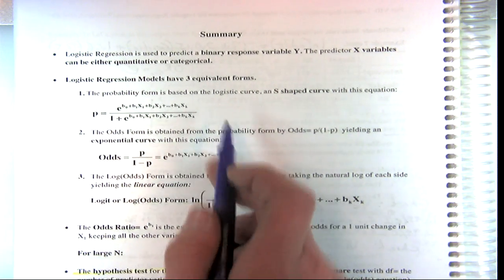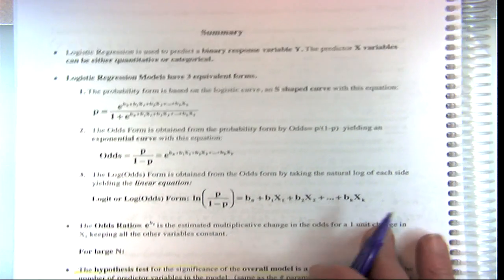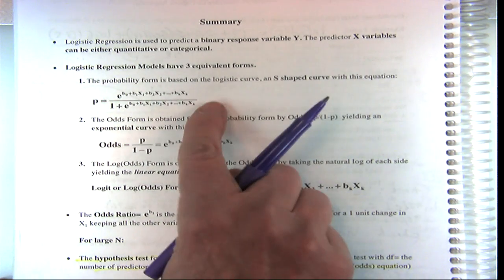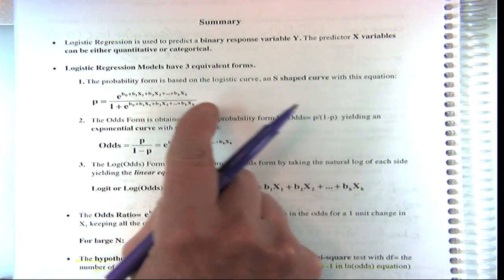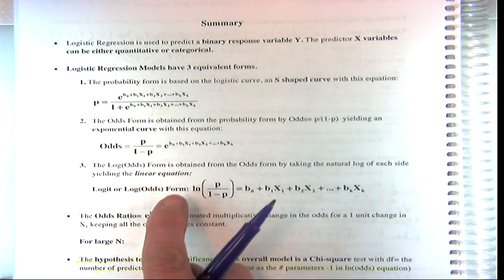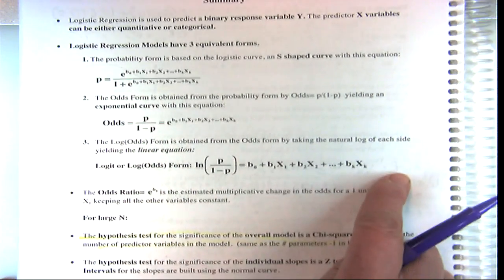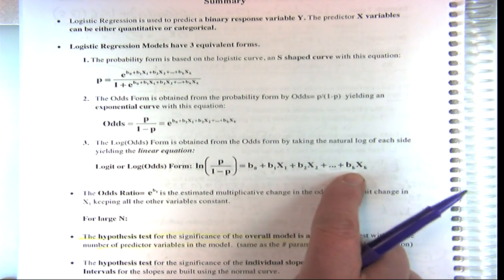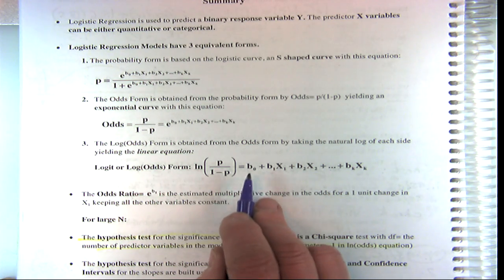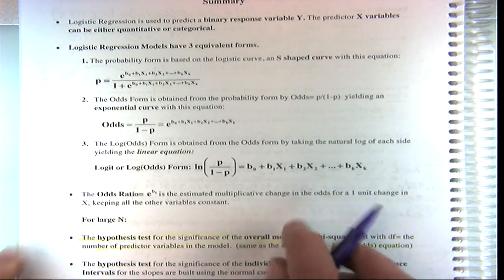And then it has these three equivalent forms, right? And the S-shaped curve, and know these forms: the probability, the odds, and the log odds. And this is the one that we make regression estimates on because it's a line. So we make regression estimates for all these parameters here.